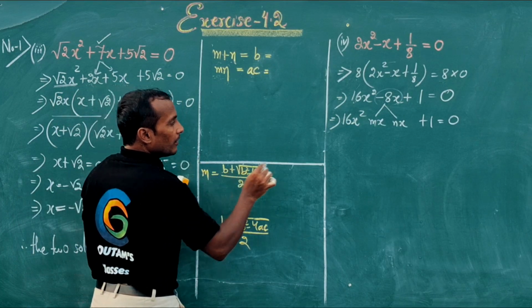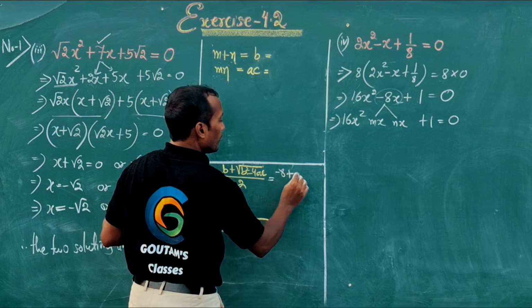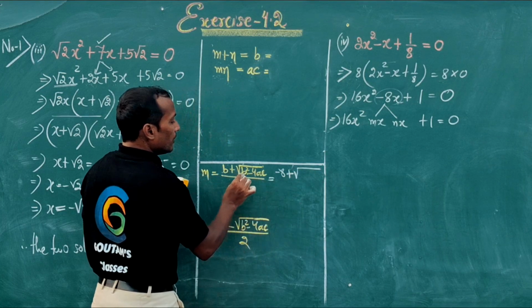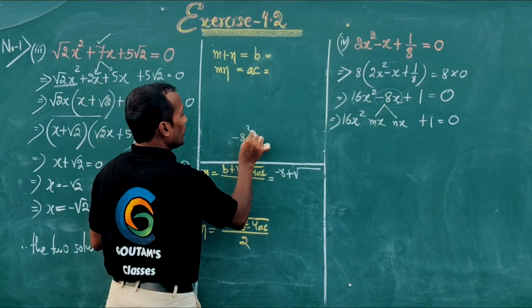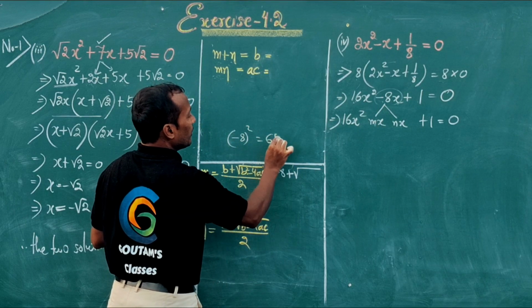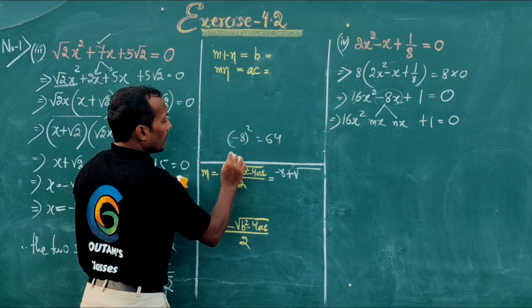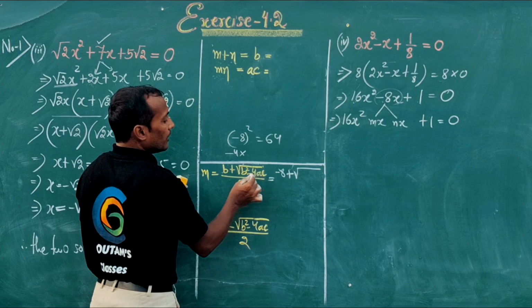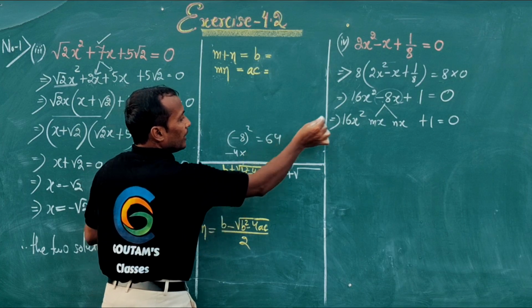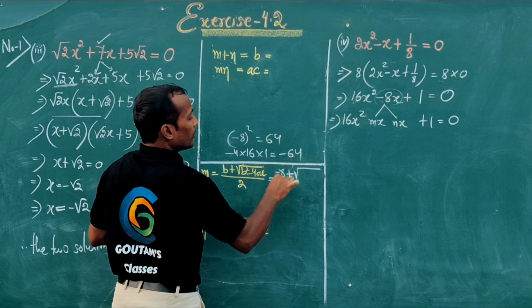Who is b? Tell me. b is minus 8. So minus 8 plus square root of b square. Who is b square? Minus 8 is b, means minus 8 square. It will be 64. And what is minus 4ac? Minus 4 multiplied with a. A means 16, and c means 1. It gives minus 64.